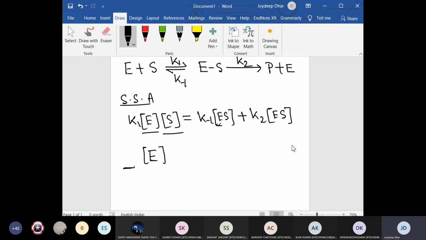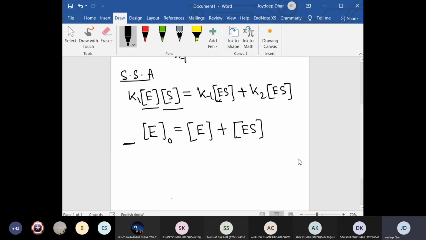Whatever enzyme you take initially, you have to consider it as a combination of two terms: the initial enzyme, and the free enzyme and the substrate-bound enzyme.